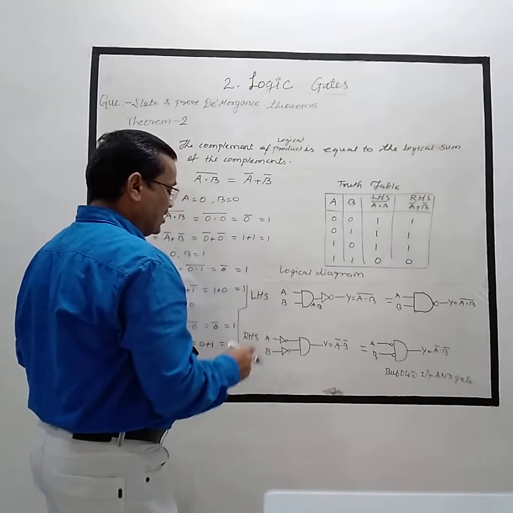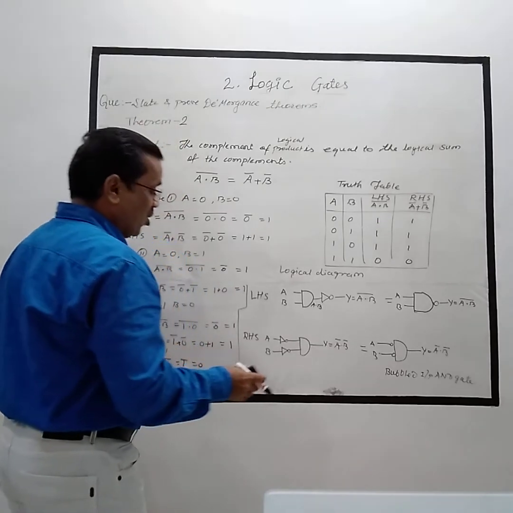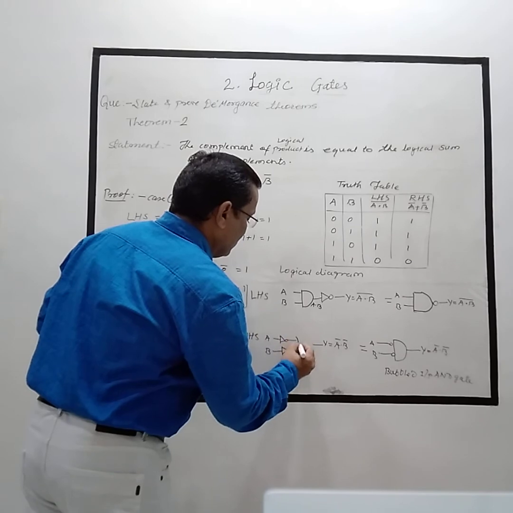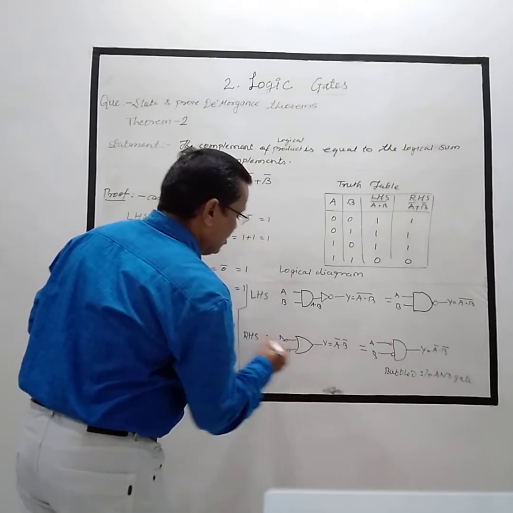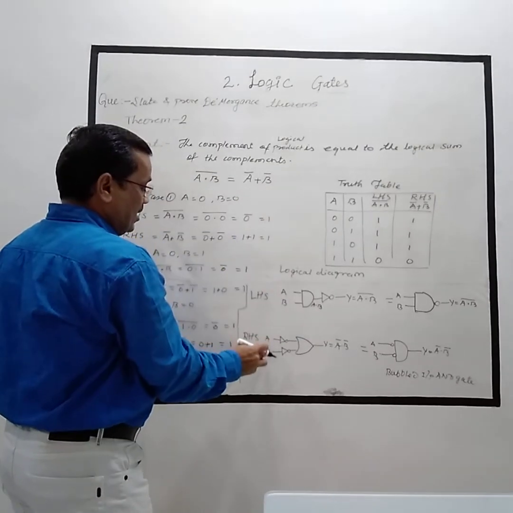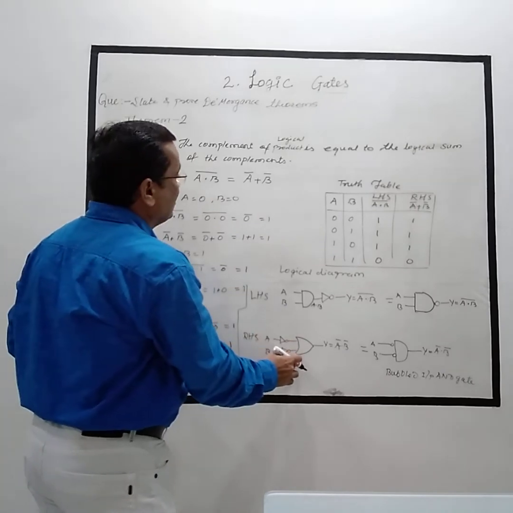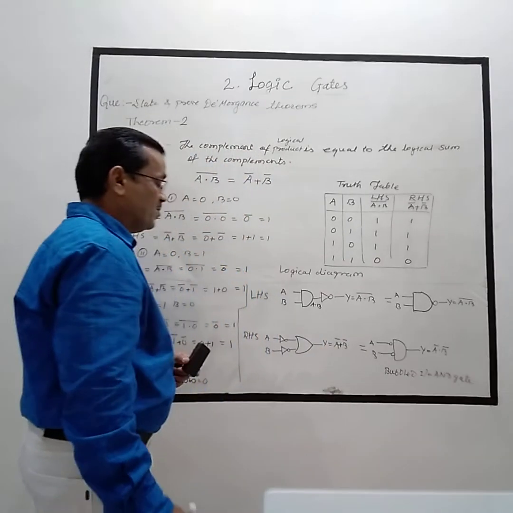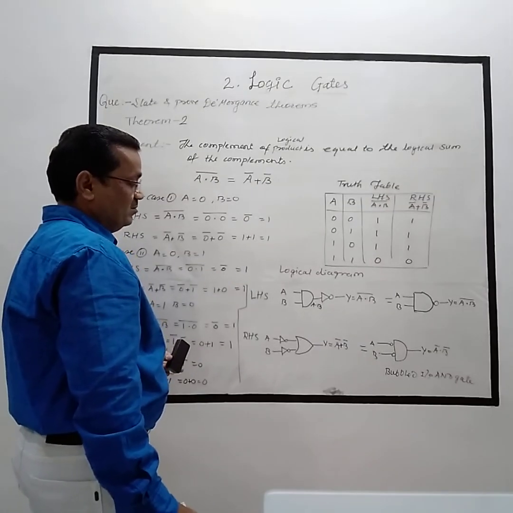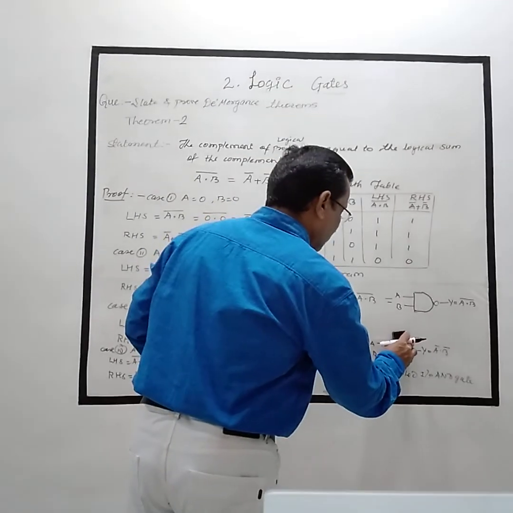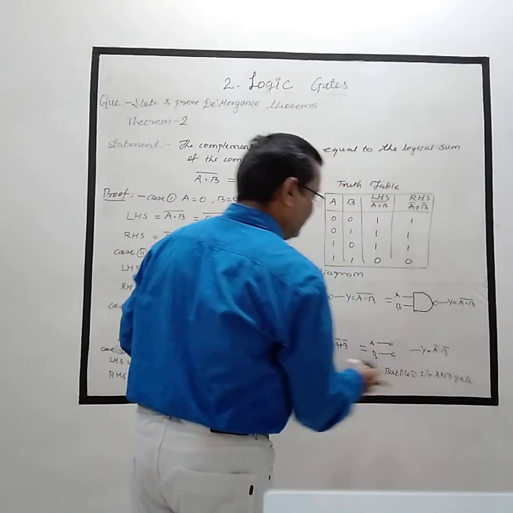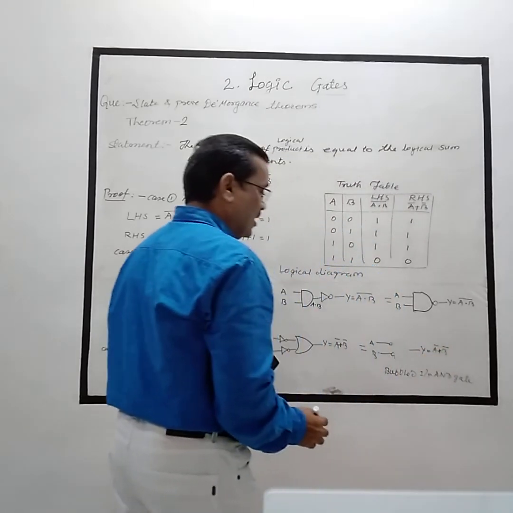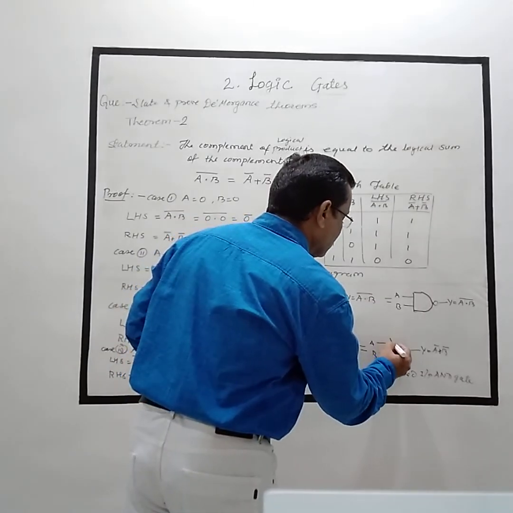And what about the RHS? Bubbled input OR gate. Here instead of NAND gate we have to use the OR gate. See, A B, A bar B bar, A bar plus B bar. Here dot is replaced by addition, A plus B, that means here we use OR gate.